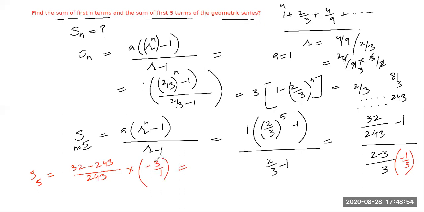So this is equal to 3 into 32 minus 1 over 243. So it will be what? 243 minus 32. And then this minus becomes plus. So it is 211 by 81. Am I right? 81. So this is also gone.